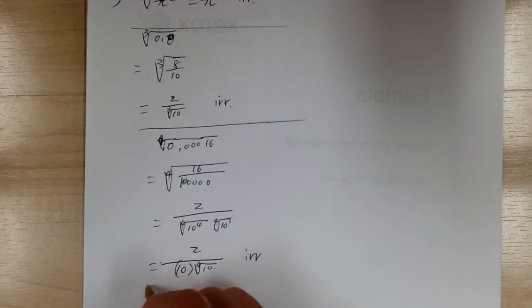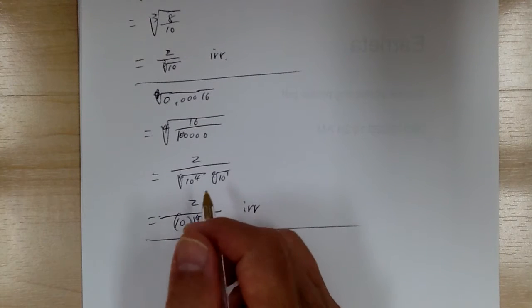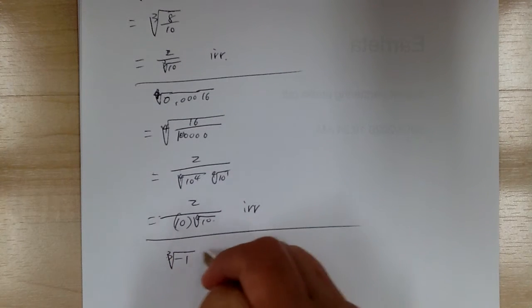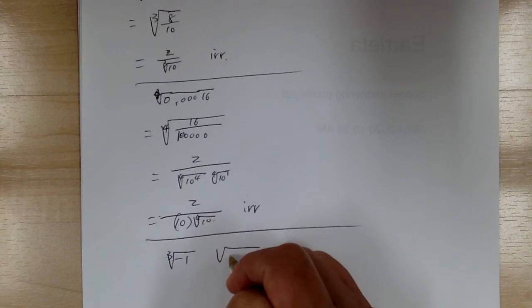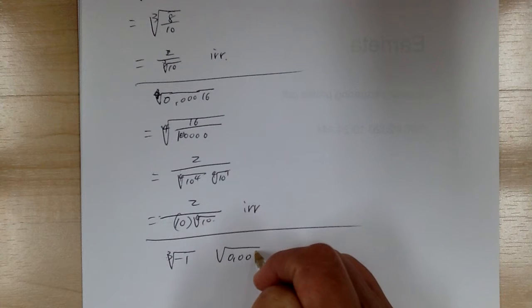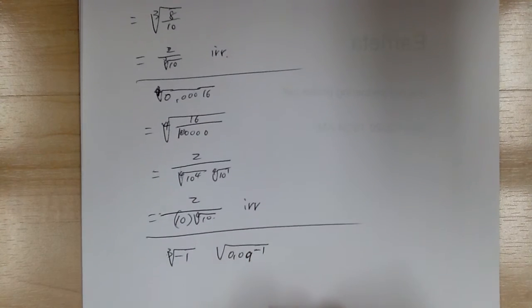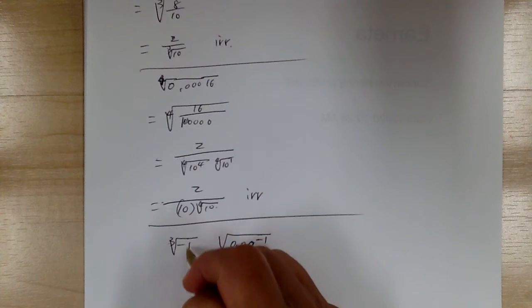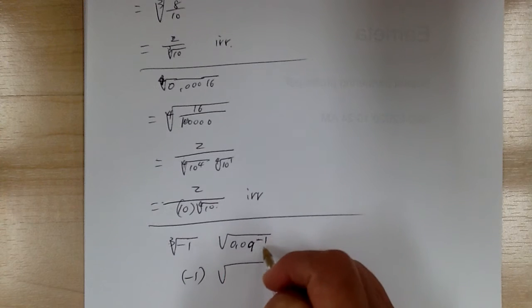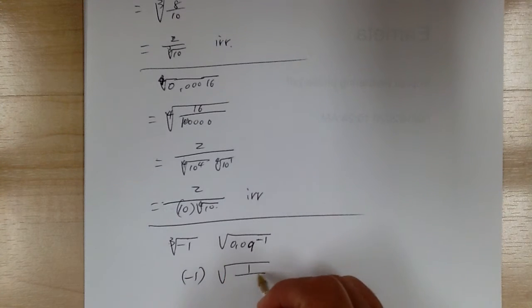Okay. Now the last one, you have the cube root of -1 and the square root of 0.09 to the -1 power. So this one is going to be just equal to -1. This one, that's going to do the square of, now this means 1 over, right?